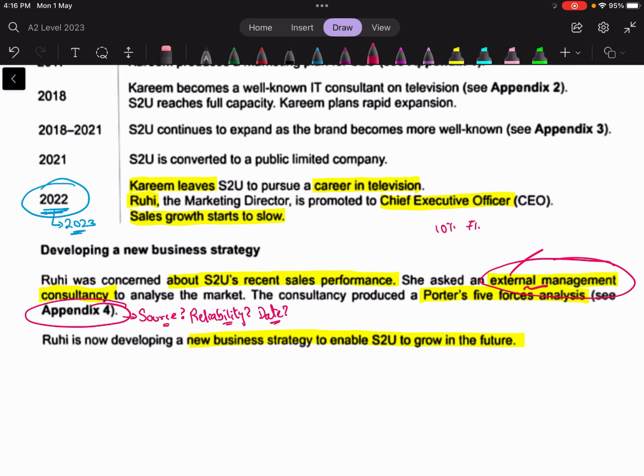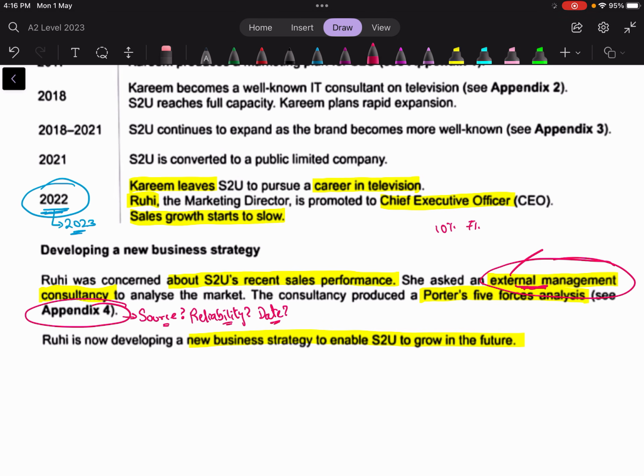Is it an established business? Has it been providing such services to businesses for the past few years? Or does it have a lot of experience in its cap? So these things are unknown, which obviously brings us to the ambiguity and to the conclusion that the information given by this external management company may not be completely reliable or may not be completely relied upon.